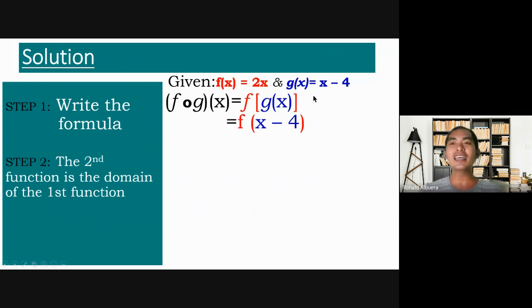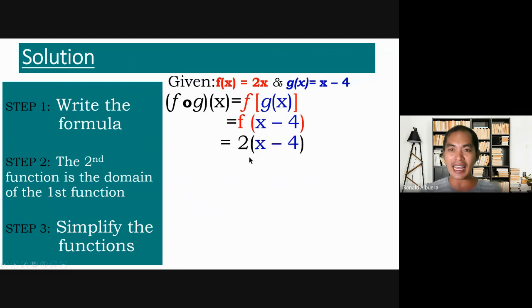Nagets na? Itong second function na x minus 4, yan ang ipapalit sa x ng f. So magiging 2 times the quantity of x minus 4. Itong x minus 4, yan ang x ng f, 2x. 2x, yung x palitan ng x minus 4.